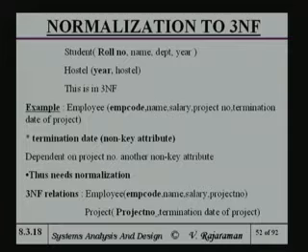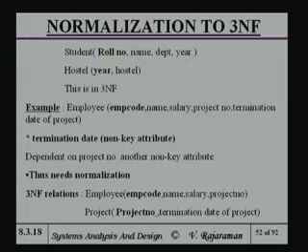The advantage of this is, suppose the project termination date is changed, you only touch the project relation, you don't do anything to the employee relation, and so that is the advantage. In other words, it becomes somewhat independent.